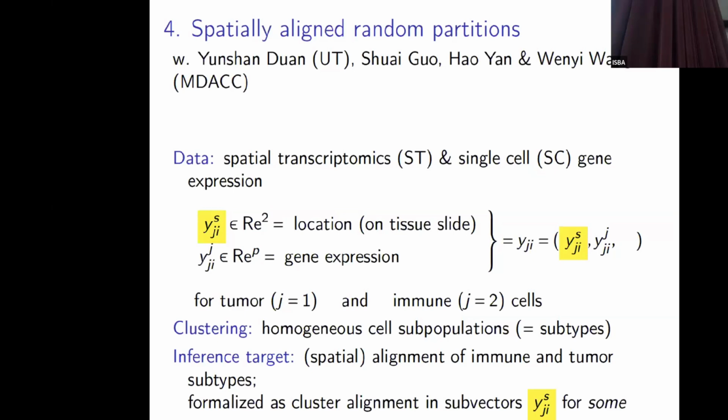And the additional fiction, we assume that these cell subtypes are exactly the classes that you see under random partitions. It's obviously not exactly true. Actually, one of the things we are trying to do now, we want to use cell type annotations, the formal data, and make use of that. The inference target is we want to talk about some red g equal 2 clusters to be spatially aligned with blue g equal 1 clusters. That's where this is headed.